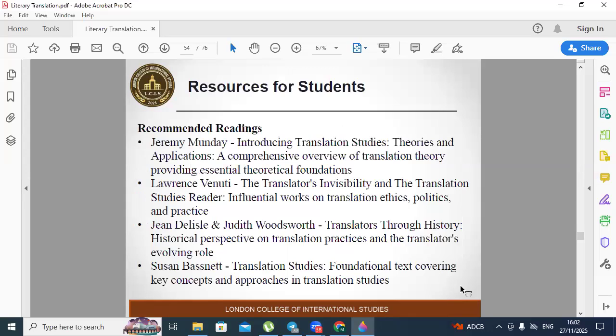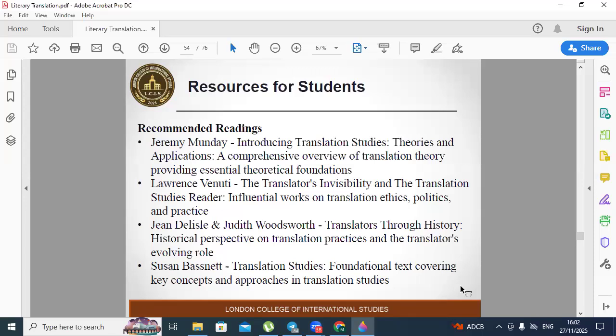Recommended readings. Jeremy Munday, Introducing Translation Studies, Theories and Applications, a comprehensive overview of translation theory, providing essential theoretical foundations. Lawrence Venuti, The Translator's Invisibility and The Translation Studies Reader, influential works on translation ethics, politics, and practice.